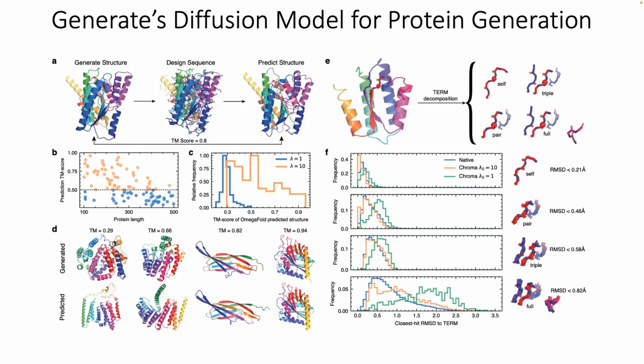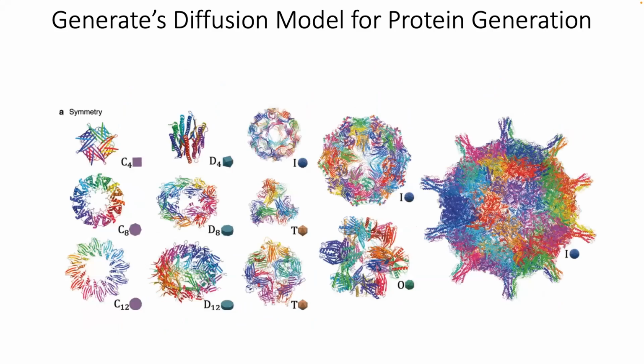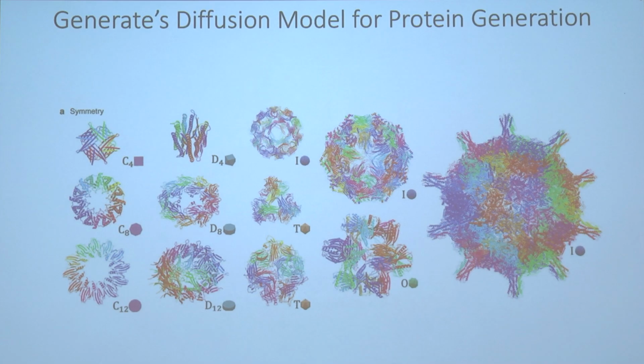And so let's take a look at some of the symmetry that has been generated with Chroma. So these symmetric assemblies, first of all, they look really pretty. And they also tell you what kind of symmetry it is over here. So if you need a refresher, I probably can't say all of these names, but you get the point.